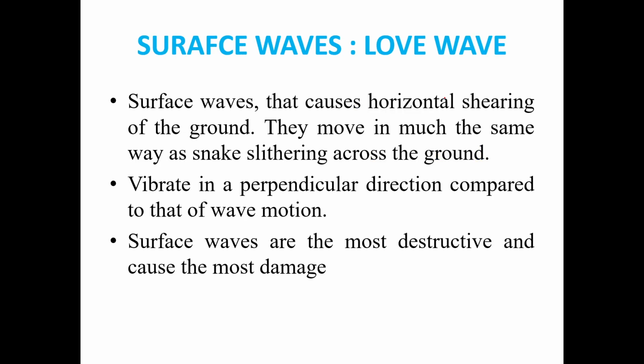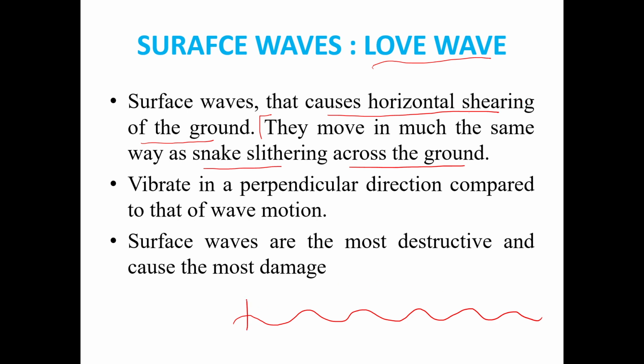Now let's see the effect made by the Love waves. They cause horizontal shearing of the ground. Their movement is much the same as a snake slithering across the ground like this. We know that a snake moves like this.